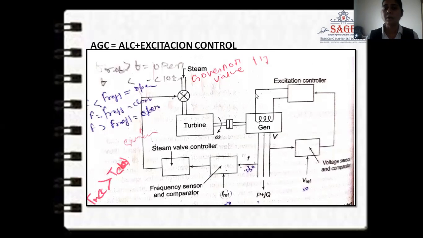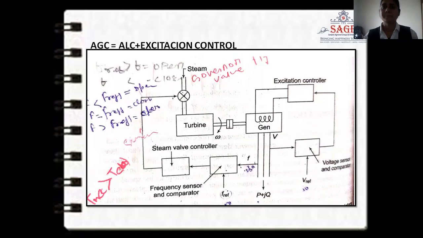Now, second, in this diagram there are the excitation controller, generator, and voltage sensor. Now, two parts are there. First one is frequency controlling. Second one is voltage controlling, which means excitation control.